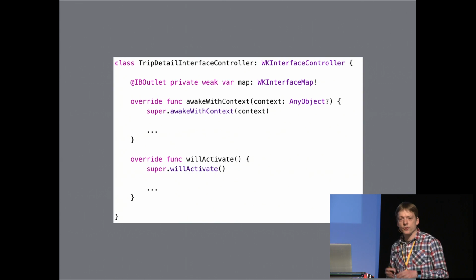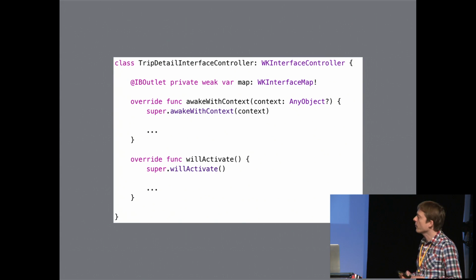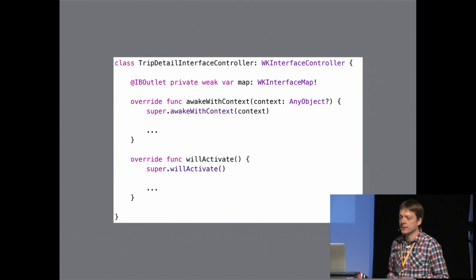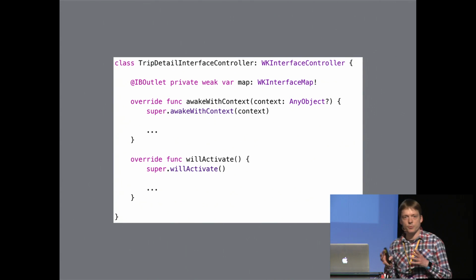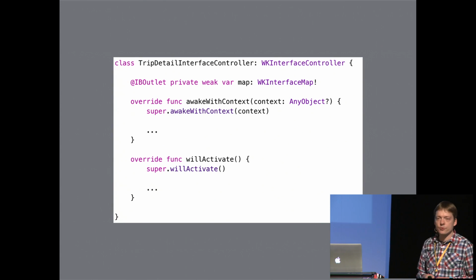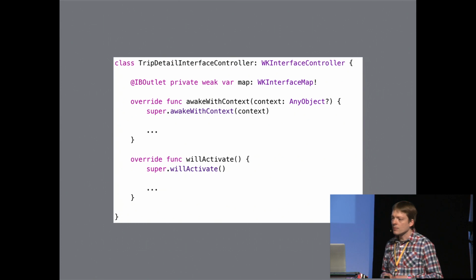On the code side, a storyboard is deployed inside the WatchKit app. So we are now on the code side that runs in the extension. Similar to iPhone apps, you have a WK interface controller, which is similar to a UI view controller. It has similar entry points, awake with context, which is similar to view did load, and will activate.